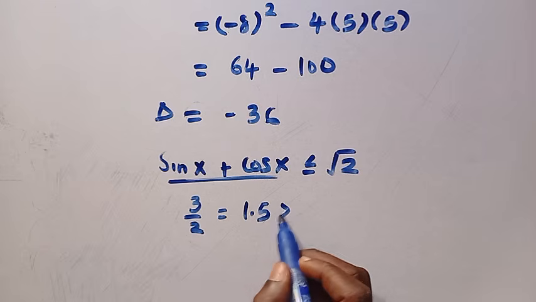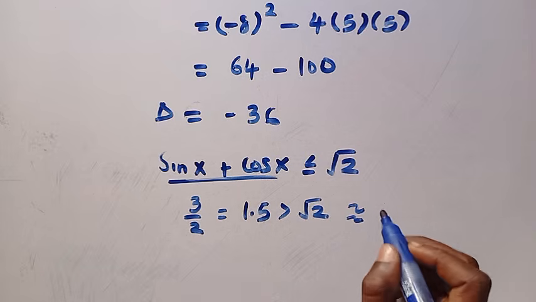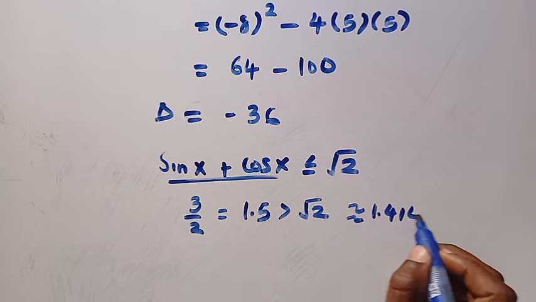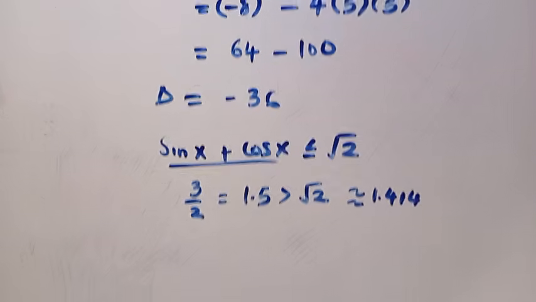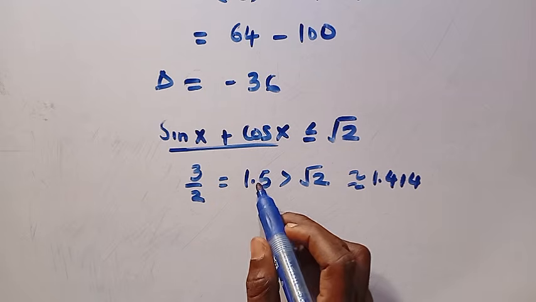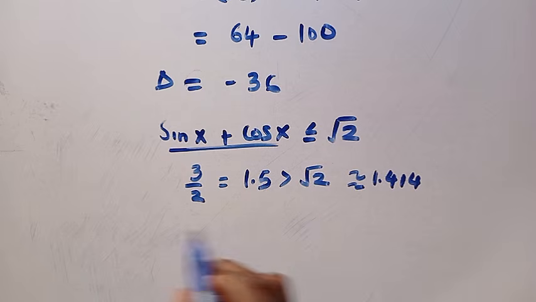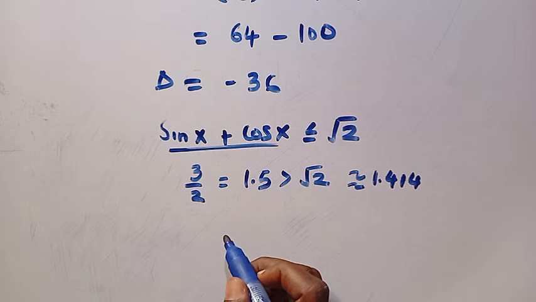And 1.5 is greater than the square root of 2, which is approximately 1.414. So as far as we have 3 over 2, which is 1.5, greater than root 2, therefore there is no real solution for this.